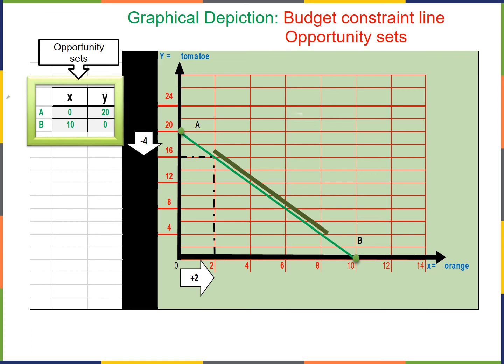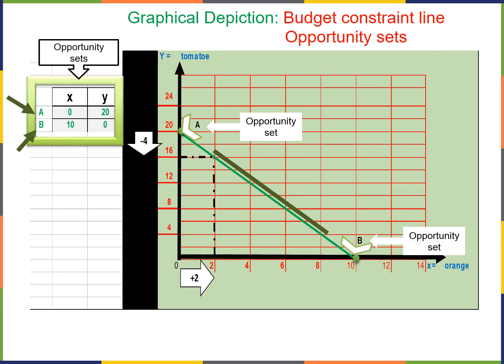So we said that A was the opportunity set with x equals 0 and y equals 20. That gives us the graphic representation on our graph where A is represented, meaning that we have no oranges and we have 20 tomatoes.